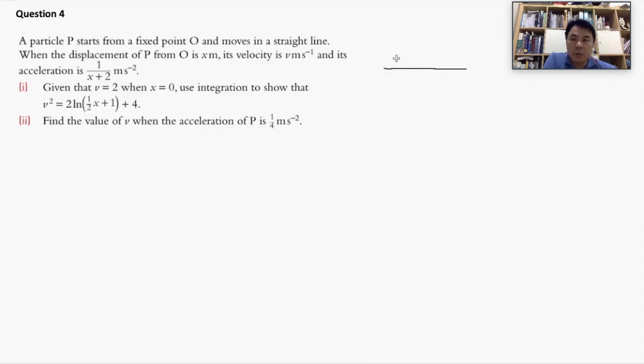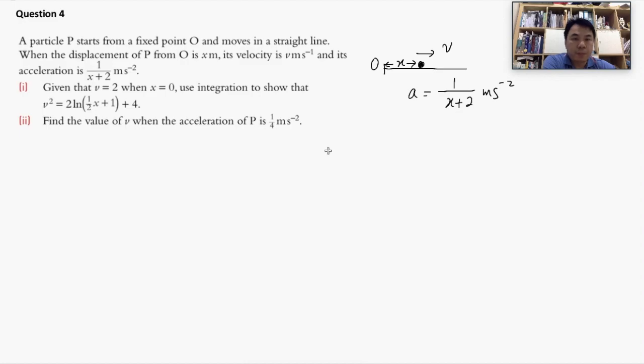So we have particle P started from O, moving in this direction in a straight line. Displacement is x here, and its velocity is v. Its acceleration is given as 1/(x+2) meters per second squared.